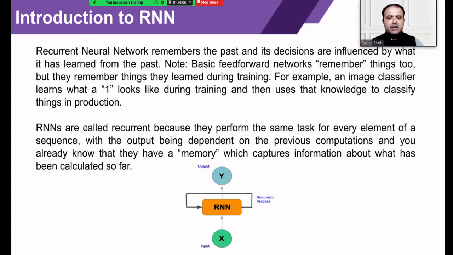Like firstly, I give the input, then it repeats the process, like ChatGPT. If I give some input, ChatGPT or some other AI gives the output, then we click again for regenerate. So this is a perfect example of an RNN.